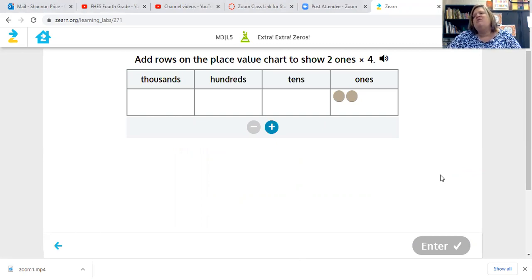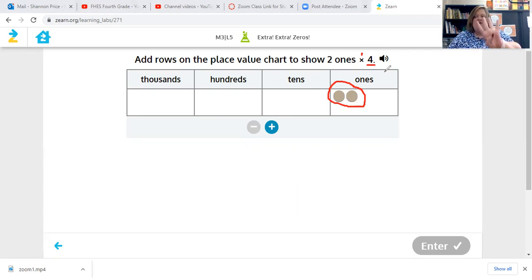So now we're going to add rows on our place value chart to show 2 ones times 4. Let me find my drawing tool. Here we have 2 ones already, but we need to show 4 groups, because when we have this multiplication symbol, we're thinking of it as groups of. So we have 2 ones in groups of 4.